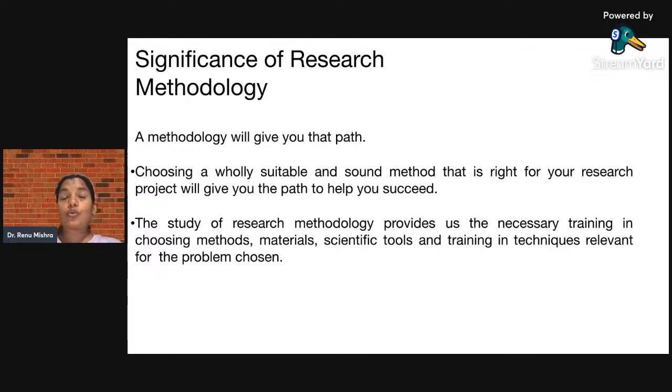Now, coming to those who are actually pursuing their research, you should have a clear research problem in your hand. For that, I always suggest, please don't take your literature review lightly, because that gives you research gaps.